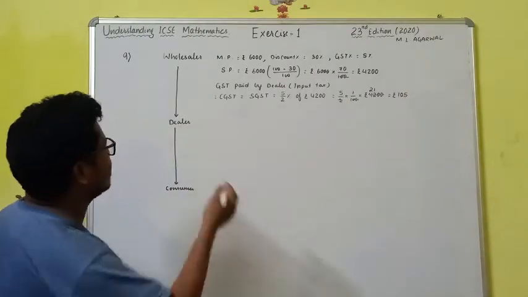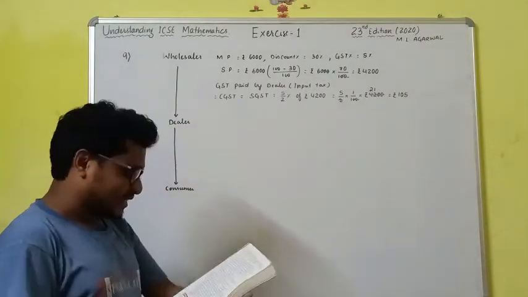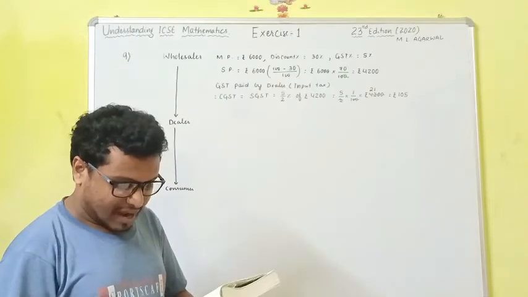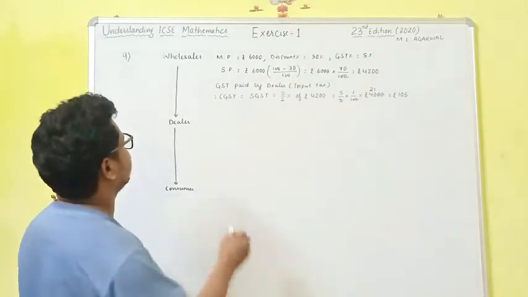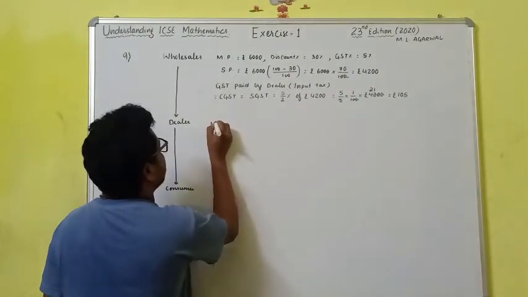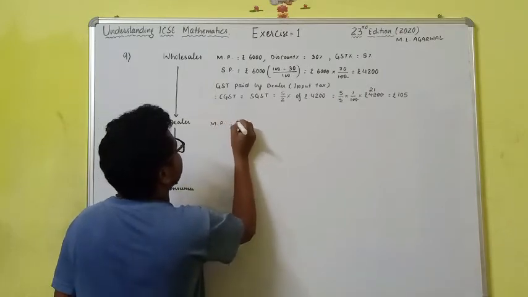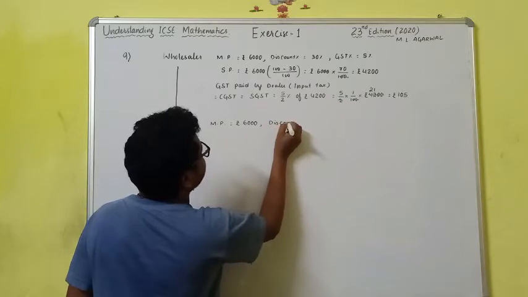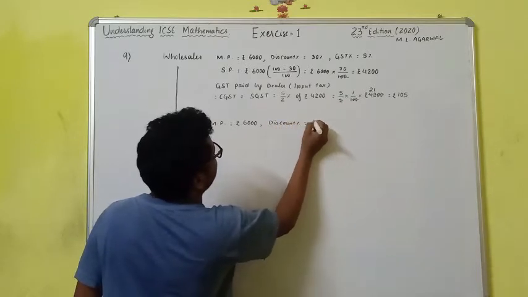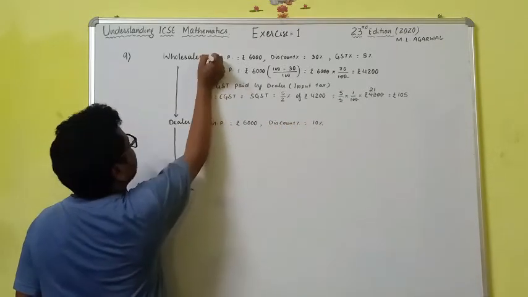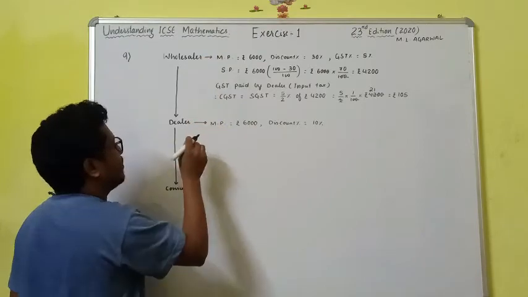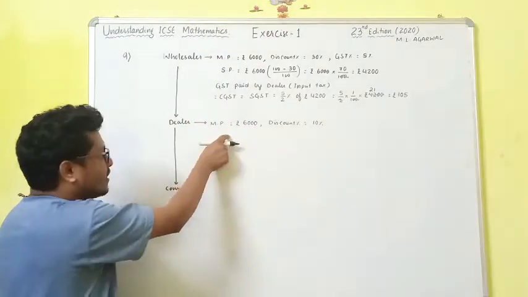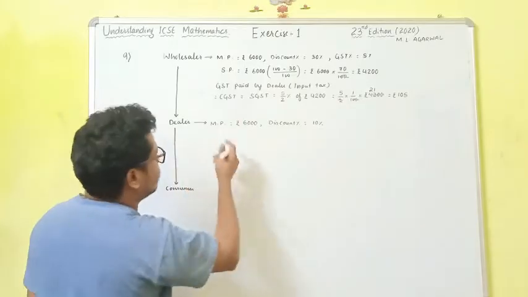Then similarly the dealer sells it to the consumer at a discount of 10%. So MP is equal to 6,000, discount percentage is equal to 10%. See here, whatever I am doing here refers to this person only.